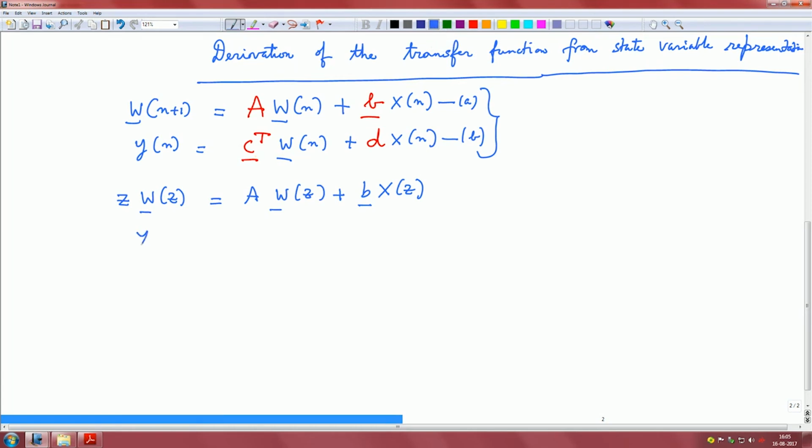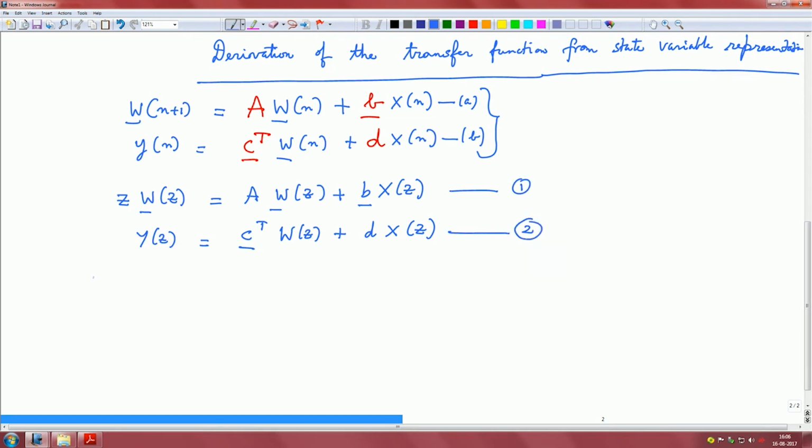And then y of z is C transpose W of z plus D times x of z. Okay. Now I can rewrite this equation. Let me call this equation 1, let me call this equation 2.